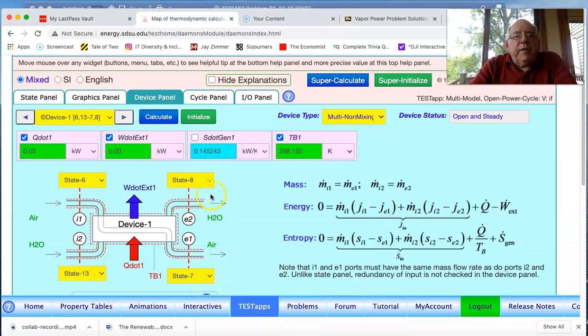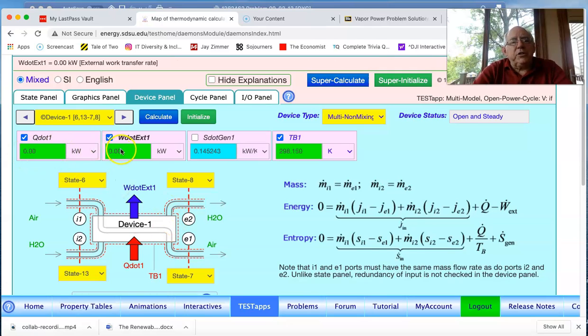And so from the solution of this closed heat exchanger with the two streams, with no heat transfer and no work going out or in, it calculated the magnitude for a mass flow rate of 1 kilogram per second. It figured out what the magnitude of the steam flow rate had to be in order to balance this energy equation.